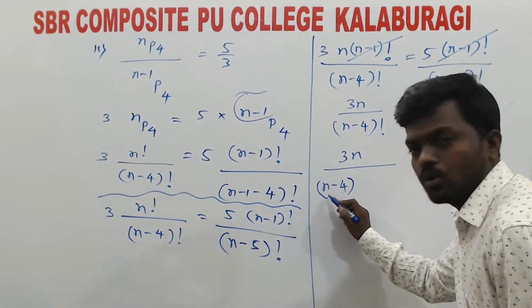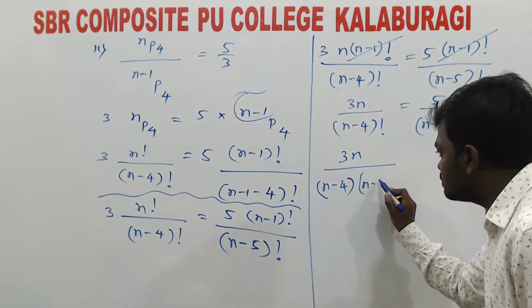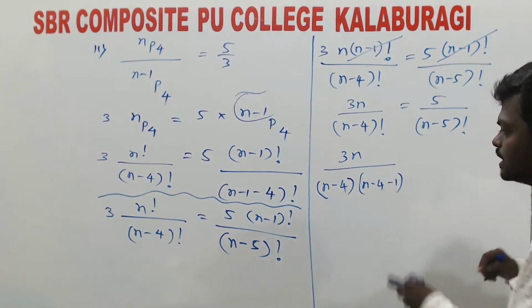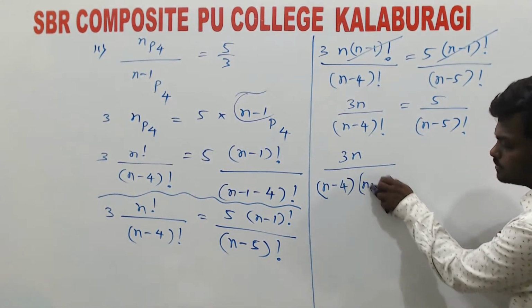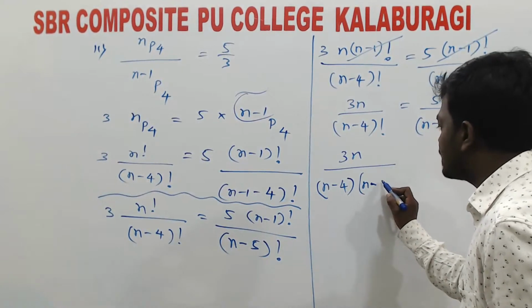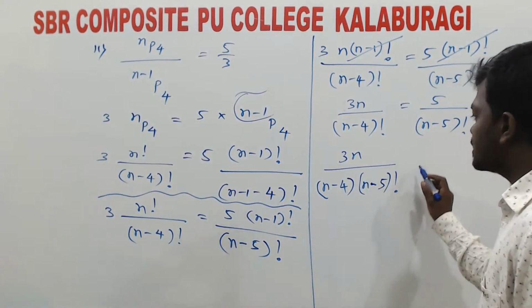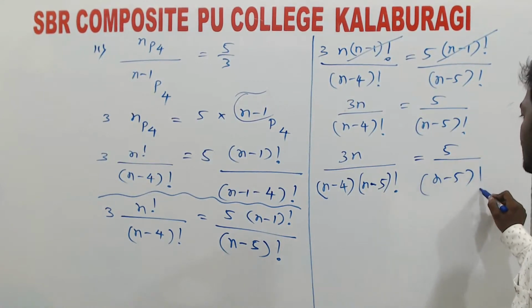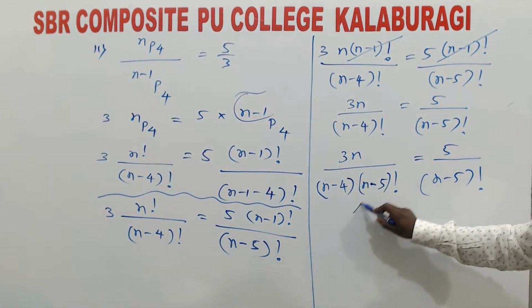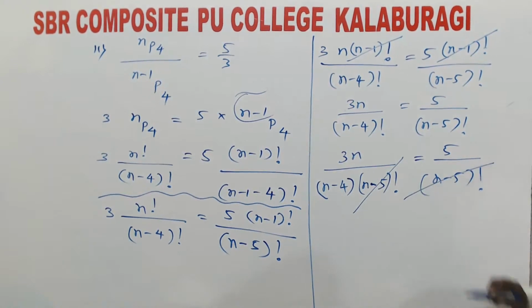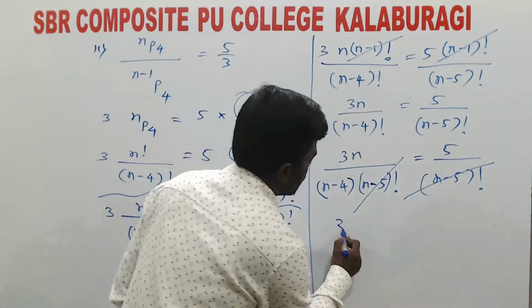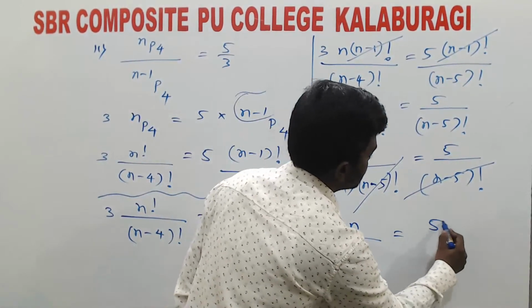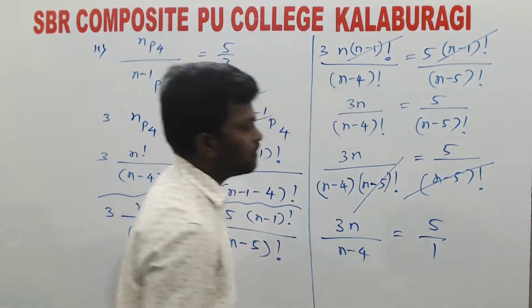So n minus 4 factorial is n minus 4 into n minus 5 factorial. So this n minus 5 factorial and this n minus 5 factorial get cancelled. So we are reduced to 3n by n minus 4, which is equal to 5 divided by 1.